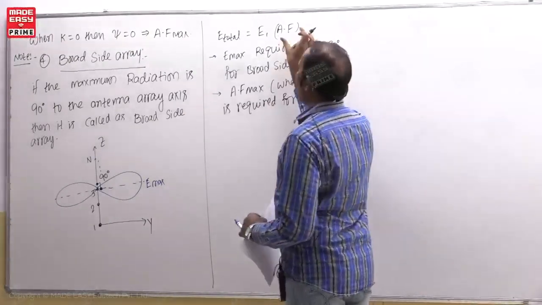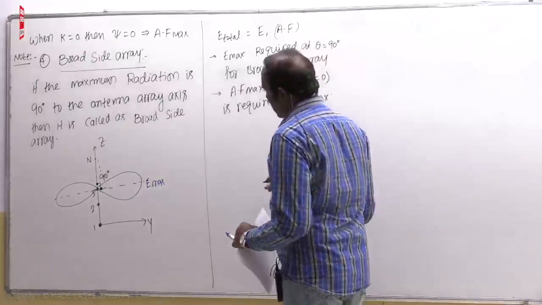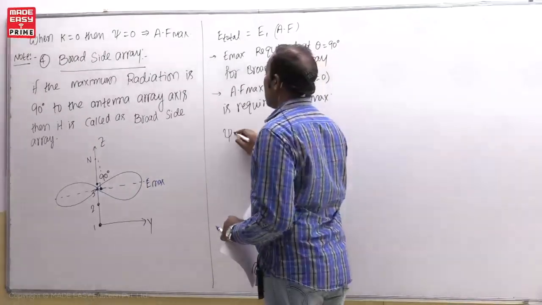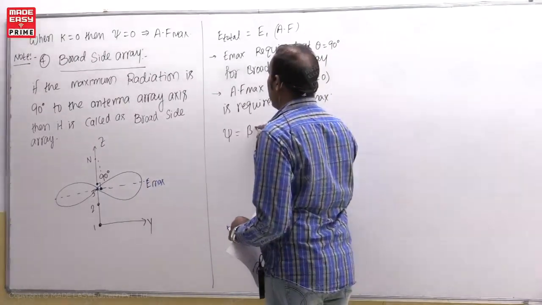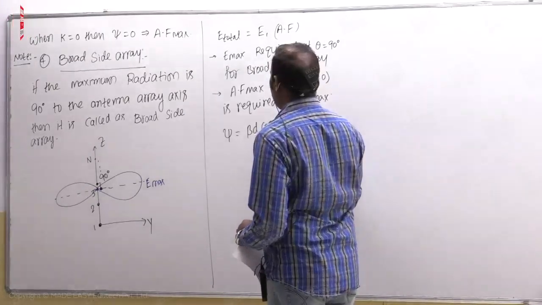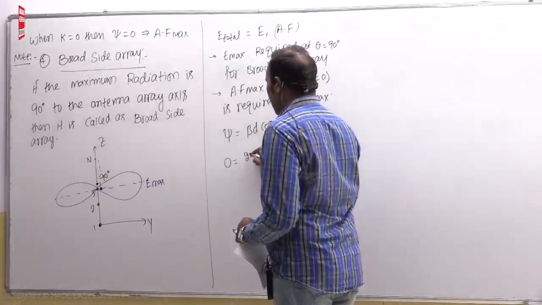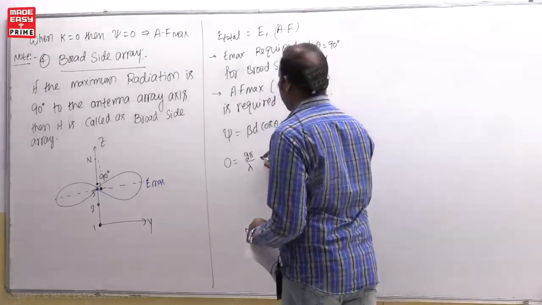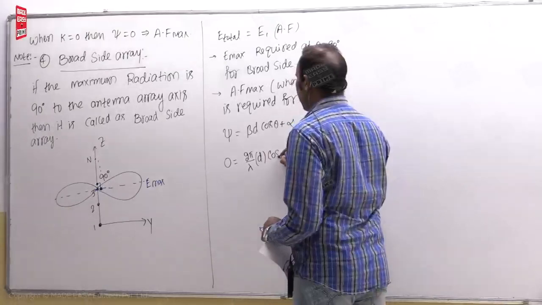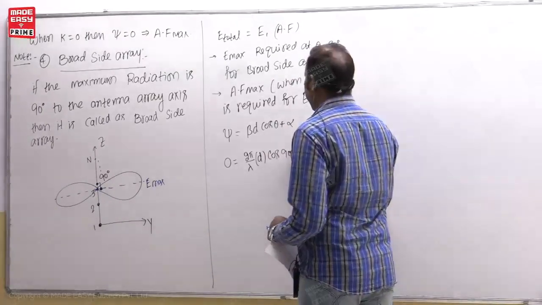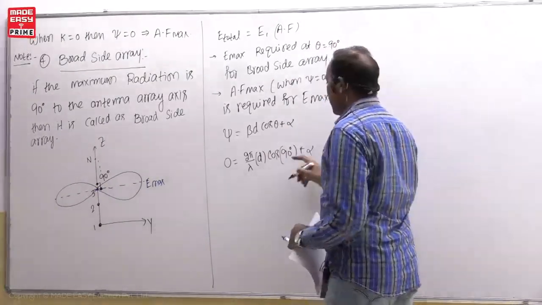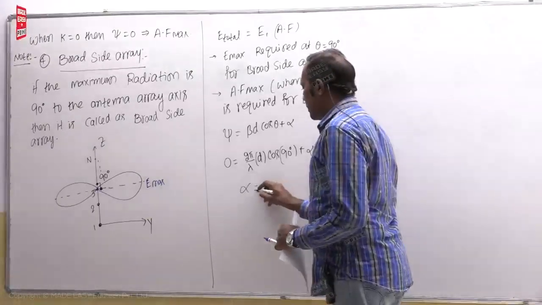That means if this is maximum, this is also maximum. Now the conclusion is that you know that psi is equal to beta d into cos theta plus alpha. So this is 0 required: 2 pi by lambda, then d cos of 90 plus alpha, cos 90 is 0, so alpha is equal to 0.